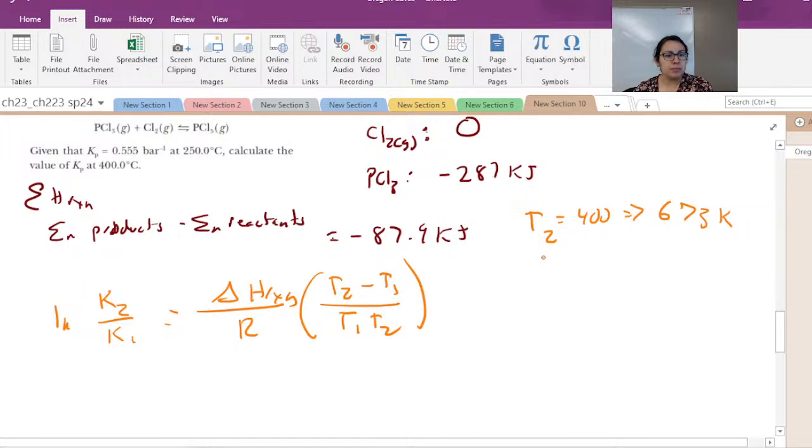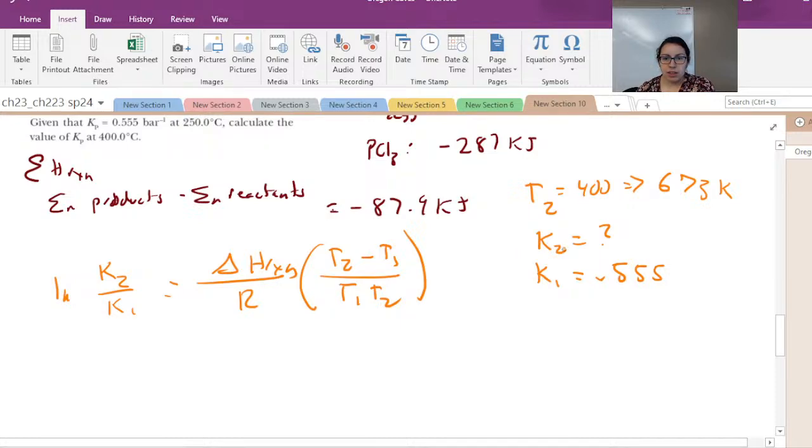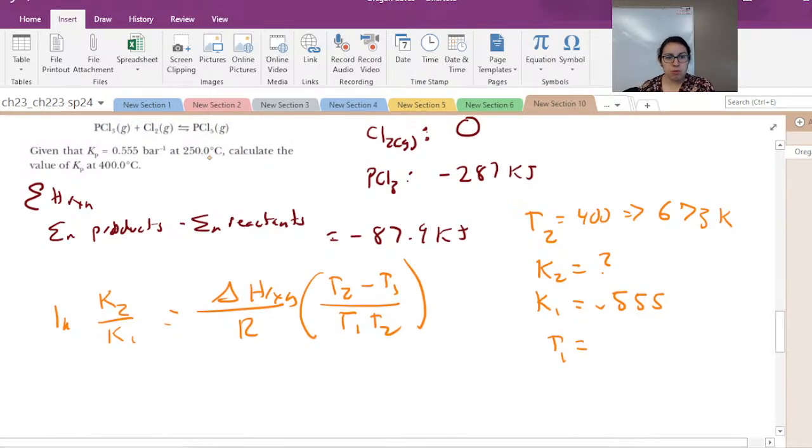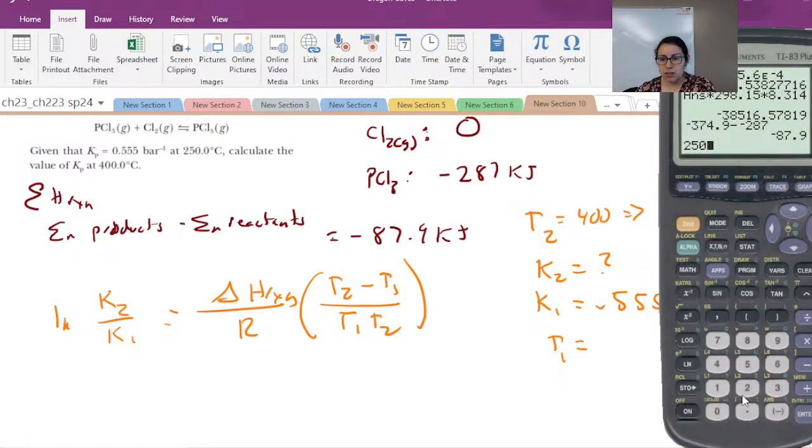And so we're trying to find K2, so x. We have our K1, which is our Kp, so 0.55 bar. And we need our T1, so just need to convert that. I'm not going to do mental math, so 250 plus 273, so 523.